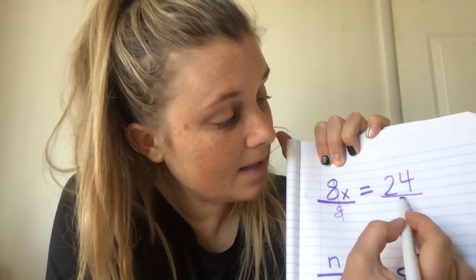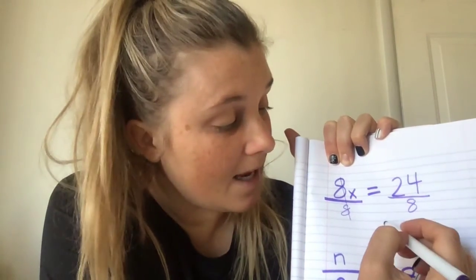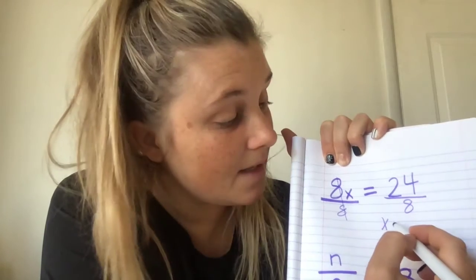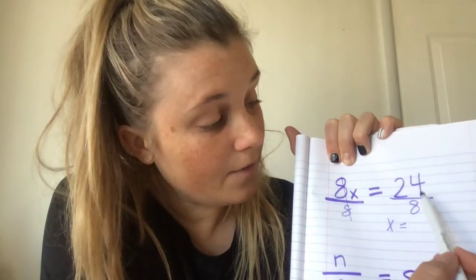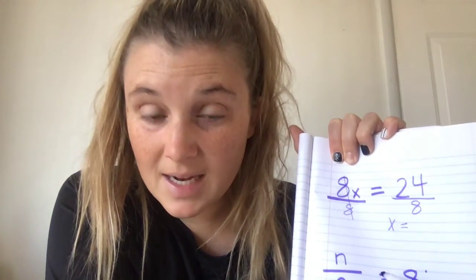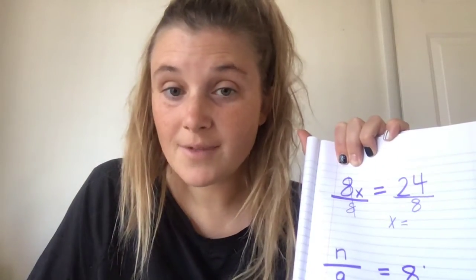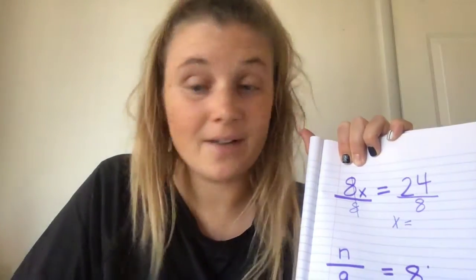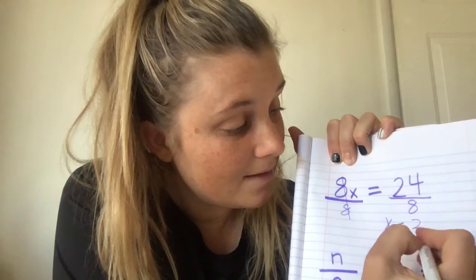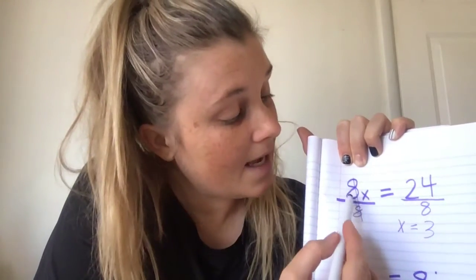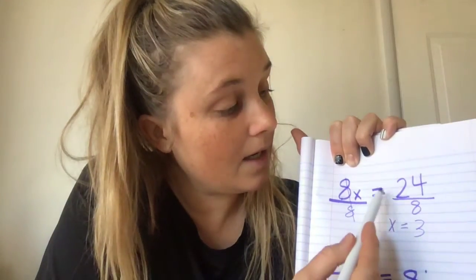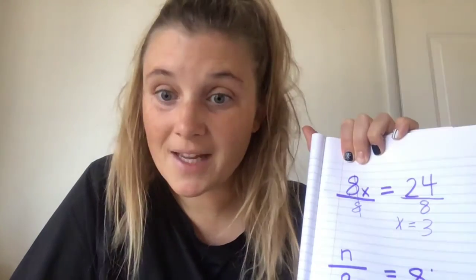Divide this by 8. And then we'll get x equals 24 divided by 8. What does that equal? 3. Now does that make sense? 8 times by 3 equals 24. Yep, it makes sense.